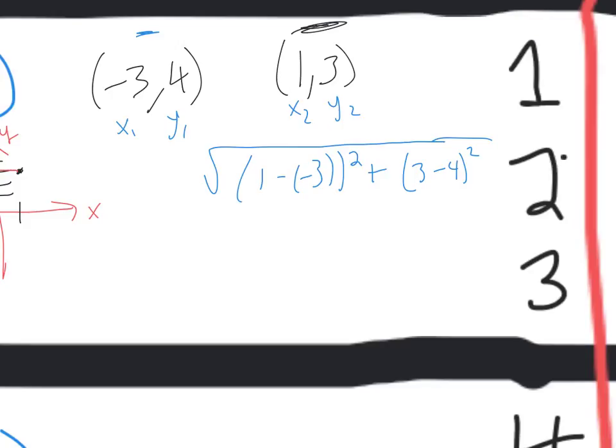Okay, so it's very important that you include the negative or the minus sign that comes with the formula. You can't forget about that. So if you have a minus, it's okay. That just means it's going to change to a plus. So 1 plus 3 gets you 4 squared, plus 3 minus 4 gets you negative 1 squared.